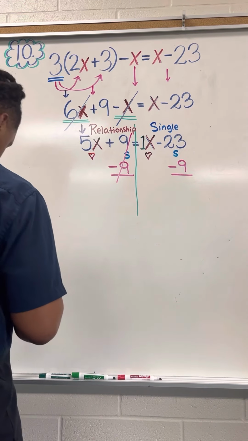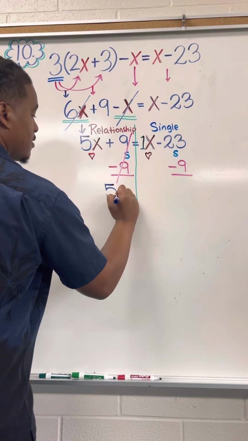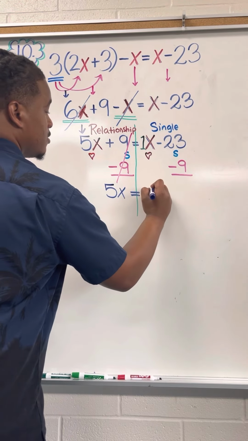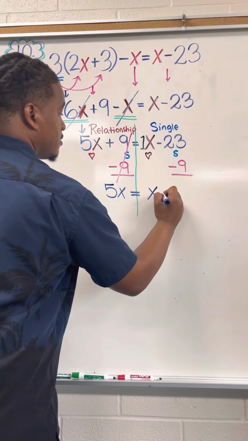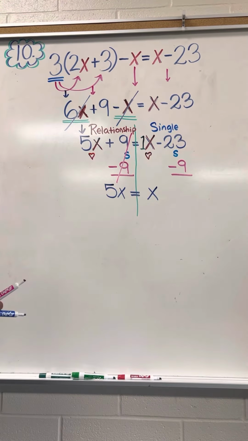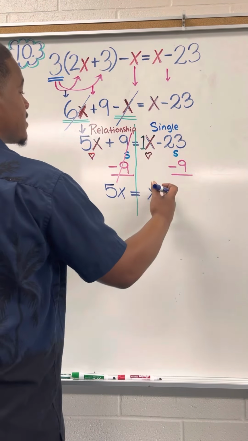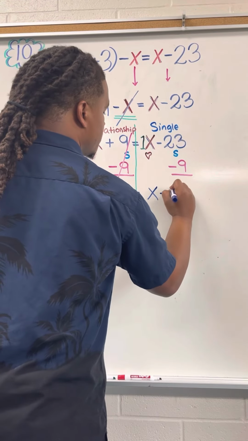And now we have 5x equals 1x, all right? And then negative 23 and negative 9, whenever you have two negative numbers, just add them like positives, but you keep the negative sign. So 23 plus 9 is 32, but in this case, it'll be a negative 32.